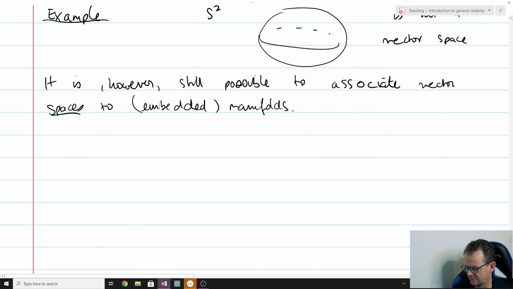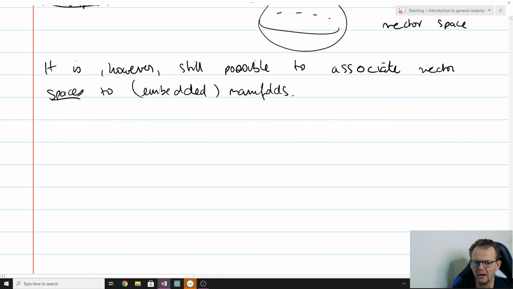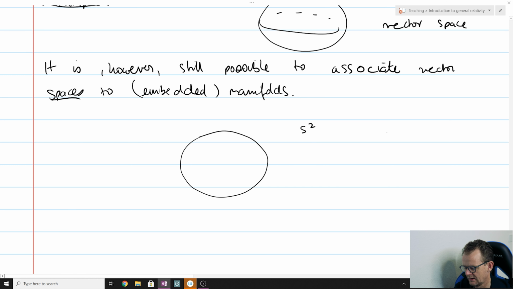That sounds a bit strange, but this example of Sn, or S2, better highlights what I mean. So in S2, the surface of the sphere or the two-sphere, we don't have a natural vector space structure left on S2. There's no natural way to add elements of S2 and get a vector space structure.